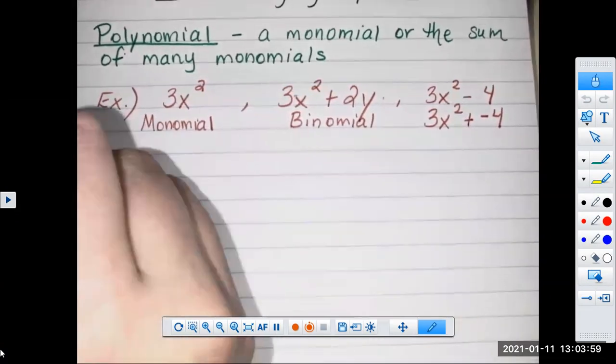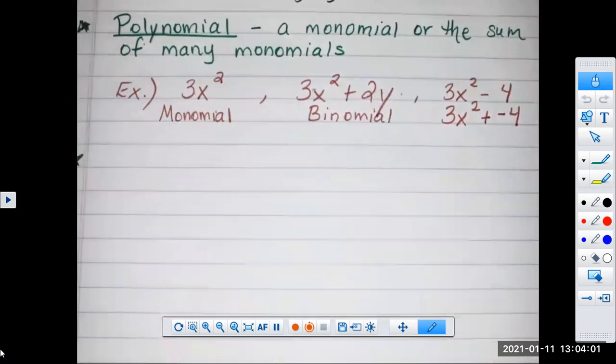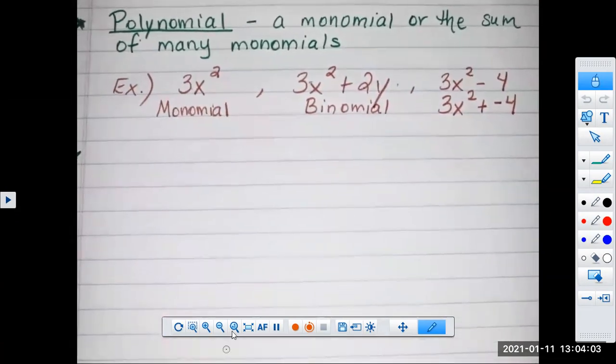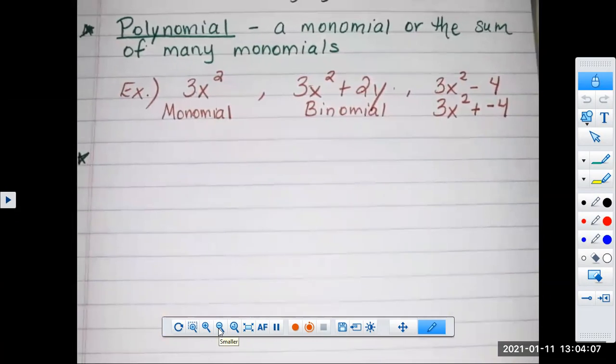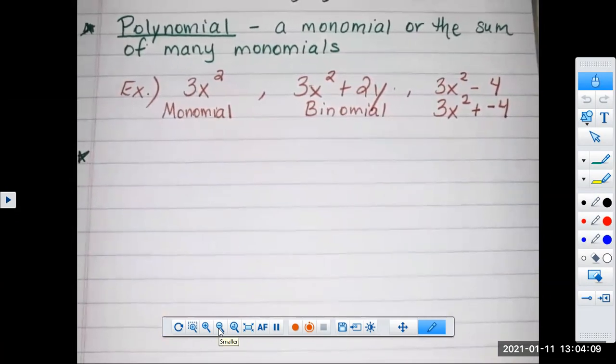All right, how you get your degree, and this is very important. You're going to see the degree used a lot in this chapter as far as graphing polynomials. You're going to see degree again when you get into pre-cal.